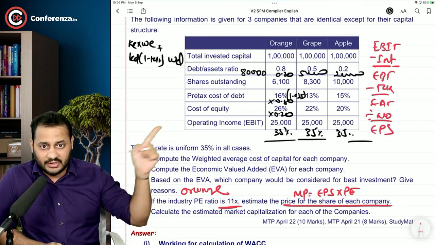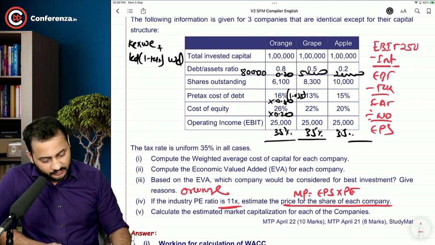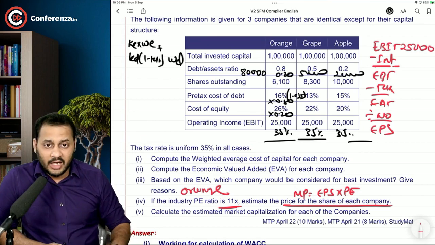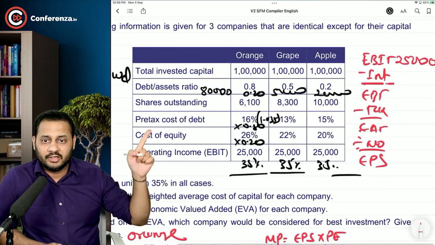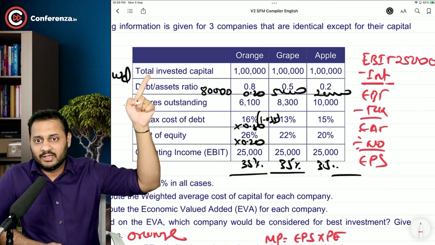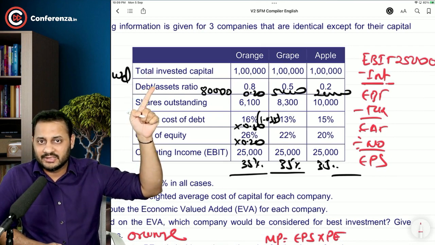For the first company, the operating income before interest and taxes is 25,000, right? Now you have to deduct interest on that. Interest rate is 16% on 80,000 of the debt, right? 1 lakh into 80% is 80,000.